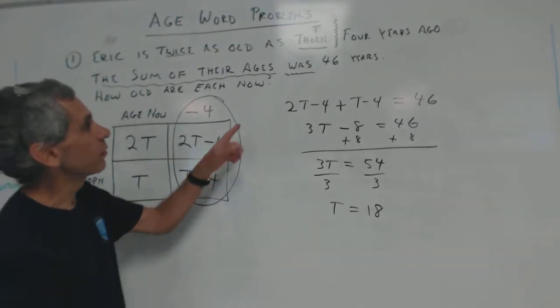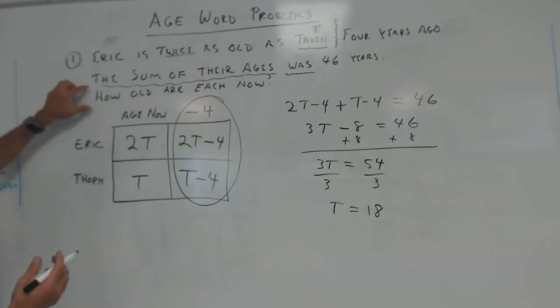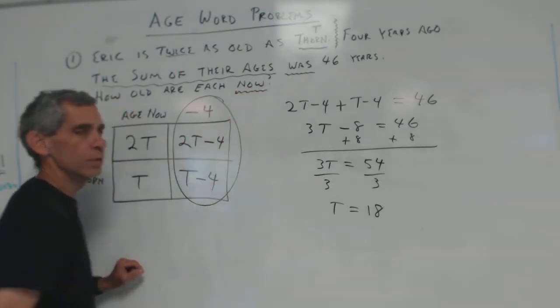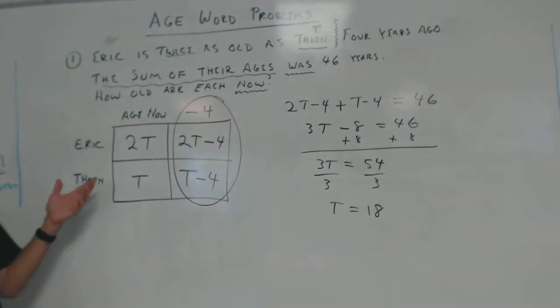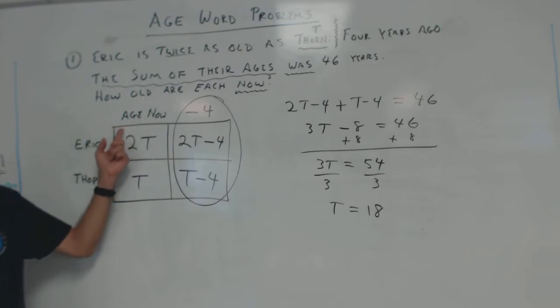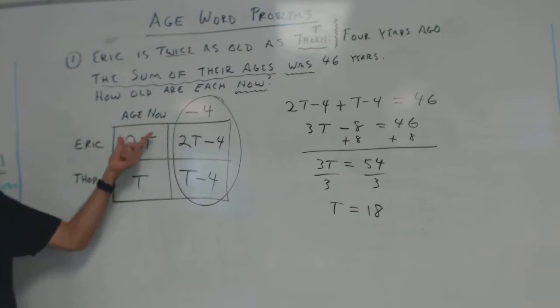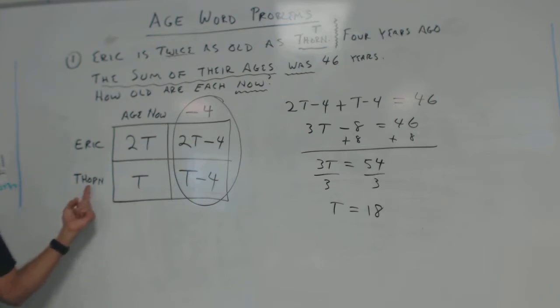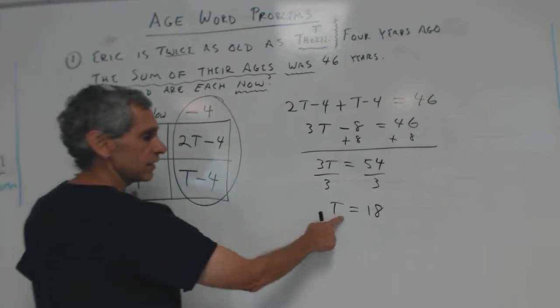Okay. So now let's look at the question. It says now, how old are each now? I'm 36. So the column that says age now, I go back to this. Thorn is T, and I just figured out T is 18.